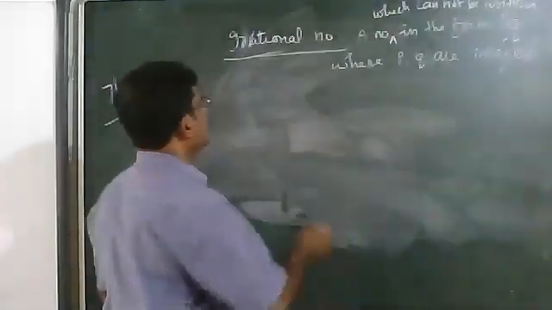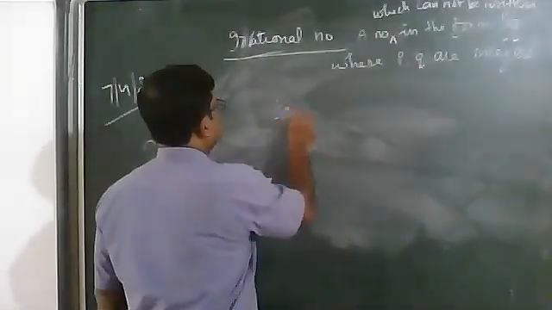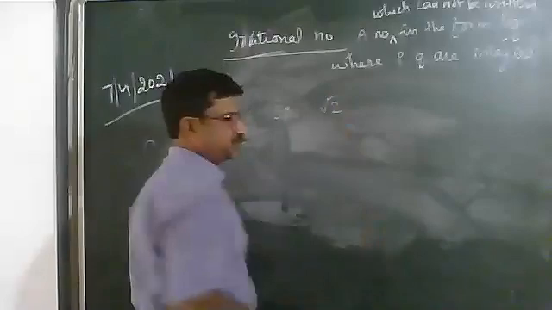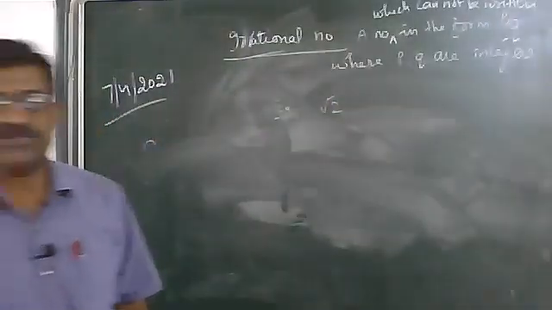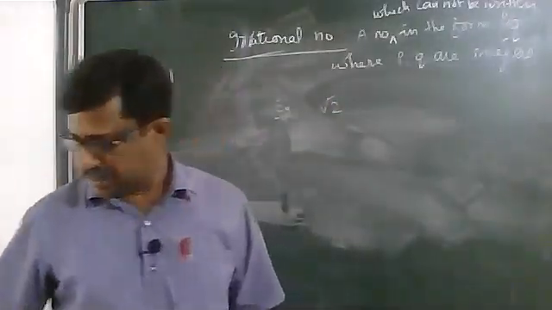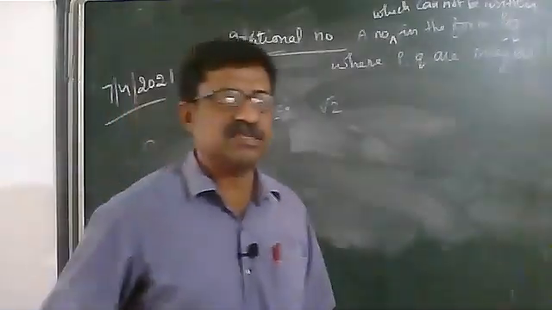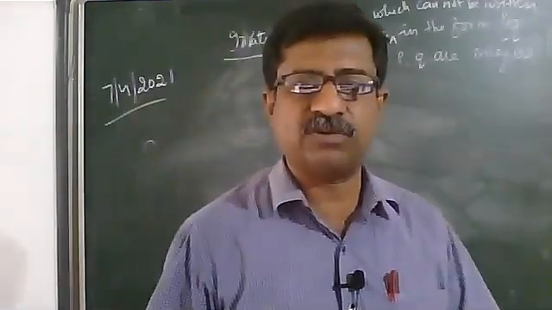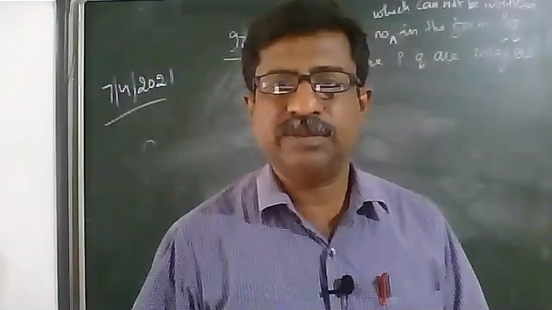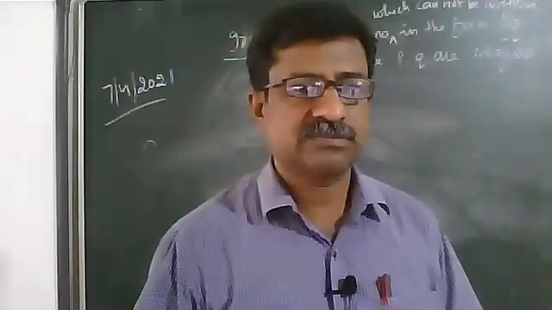Clear? Example, root 2. The numbers which come inside the radical sign: root 2, root 3, root 5, these are actually irrational numbers.